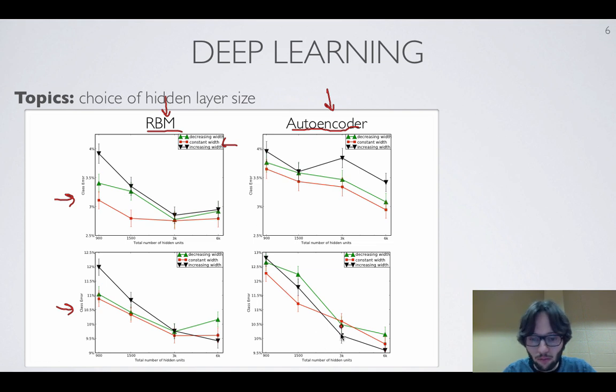So normally we see that often the confidence intervals between the different performances overlap with the constant width, or it's actually doing better, say for instance in this case. So this is kind of reassuring. It means that perhaps, at least in our first experiments, we can concentrate on neural networks with the same number of hidden units and just try different numbers of hidden units for each hidden layer.